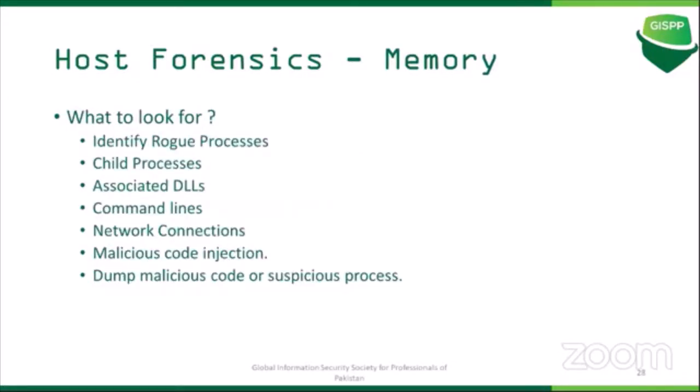So let's suppose you have to perform memory forensics, what do you need to look for? First of all, you will search within the memory for any particular processes that are of interest to you. There are a lot of plugins there. If we talk about Volatility, pslist, pstree, and psscan will give you the complete description, what the parent process was, what the child process was.